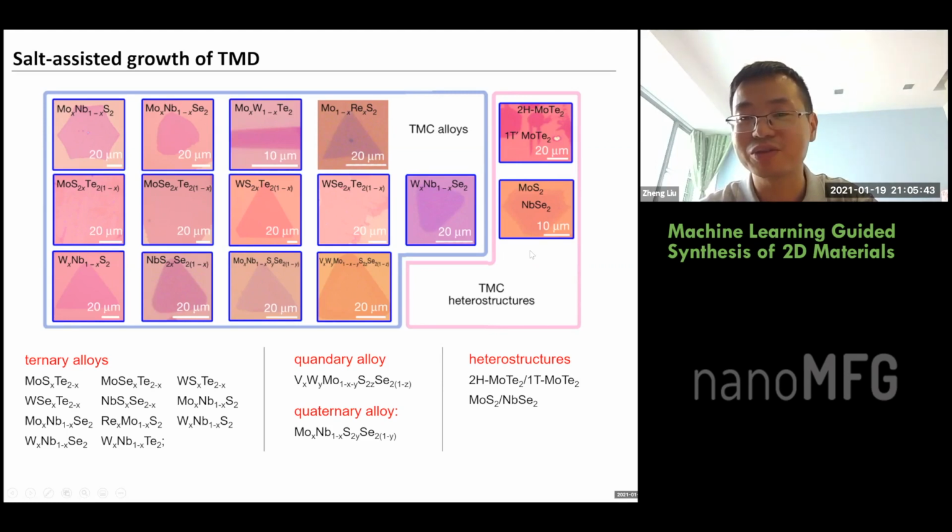So we need to choose the candidates carefully, and not all combinations will work. Another problem is that heterostructures are a little bit difficult to grow at really large scales.